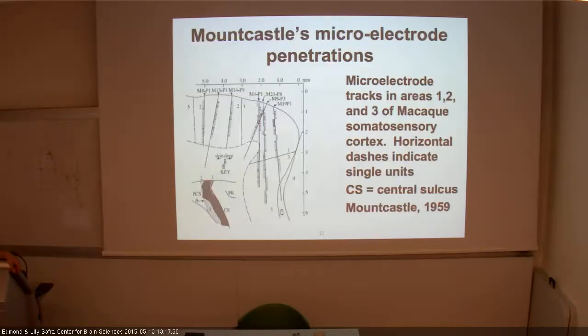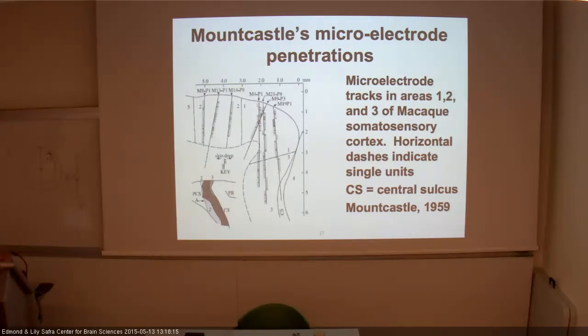This is what I want to show you. Mountcastle recorded from fibers that respond to the Pacinian corpuscle, and he knew that because he was stimulating at around 200 Hz, and the Pacinian corpuscle is the only one that actually transmits this information. And we talked about it last time.